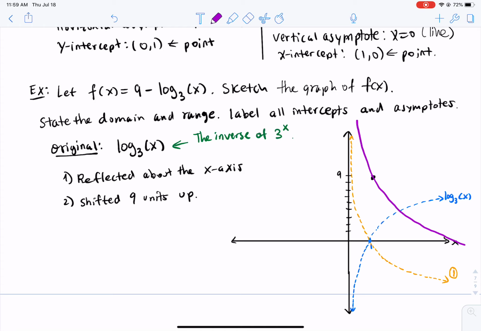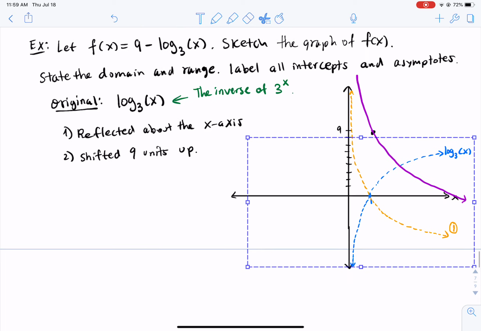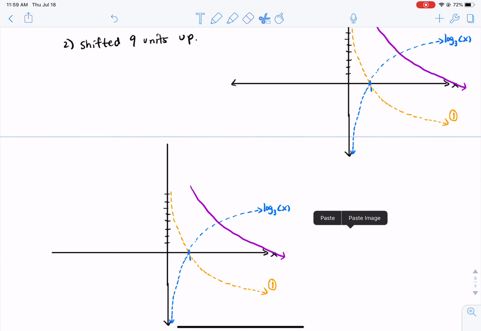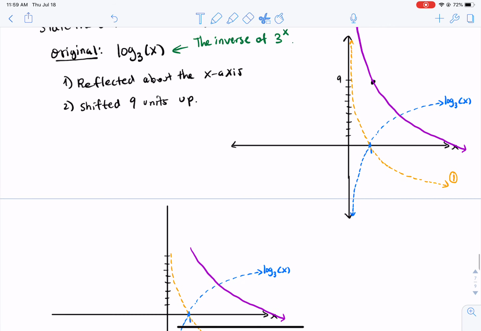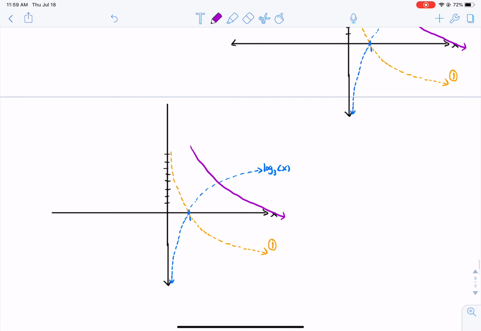Let me copy all of this into another page. There are some things that are not going to be moved, and I'll emphasize some other things.